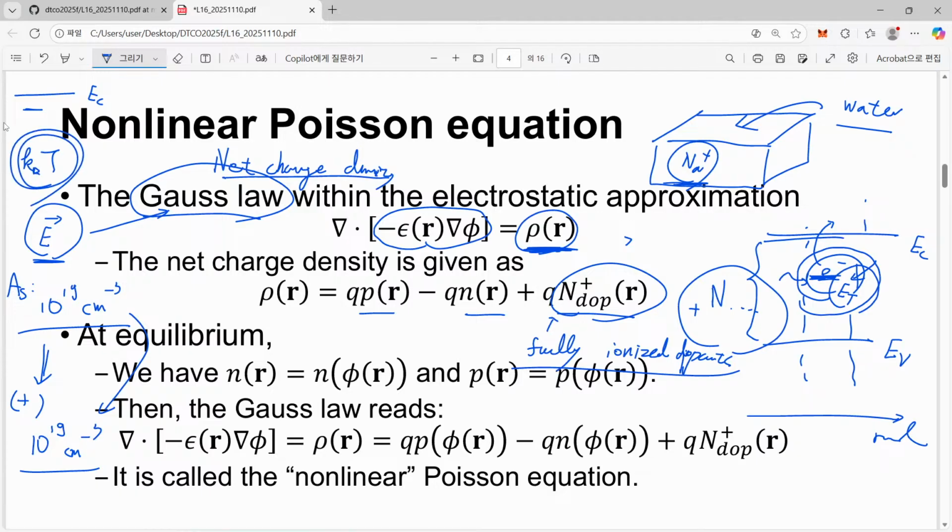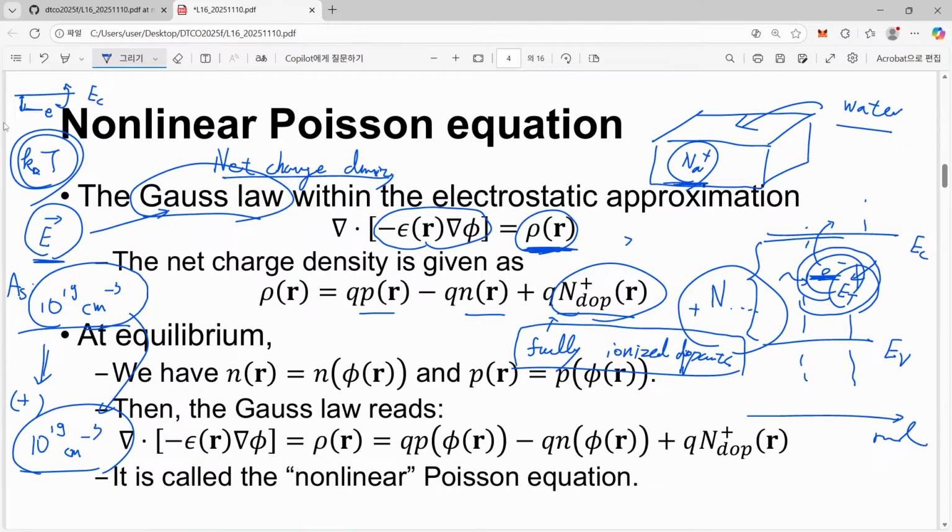Since the thermal energy is high compared with or comparable to the energy difference between these two, we can assume that almost all of our arsenic impurities are ionized, meaning they contribute their electrons to the conduction band and become almost empty. That is the fully ionized situation.